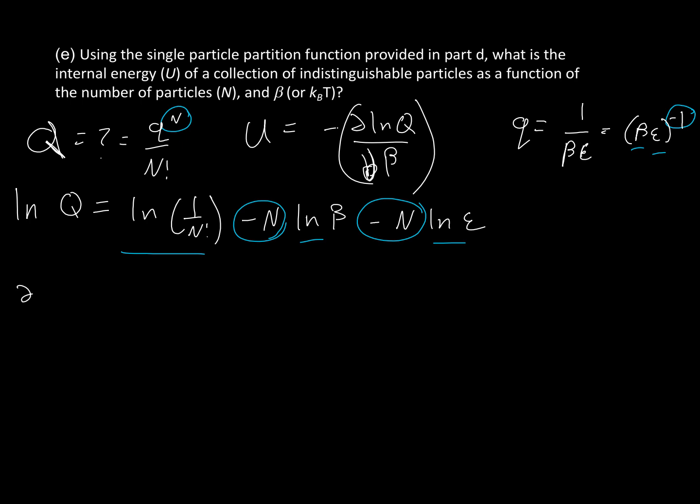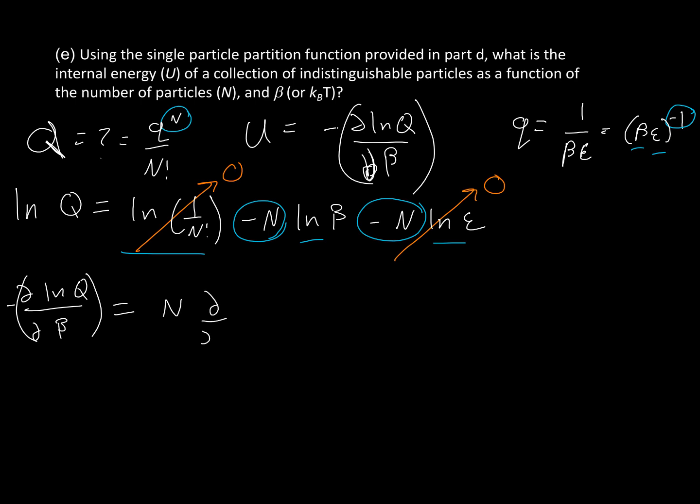So when we calculate the minus derivative of the natural log of the partition function with respect to beta, we get that this term goes away, this term goes away. And we have n times d d beta of the natural log of beta, which is just equal to what? 1 over beta.